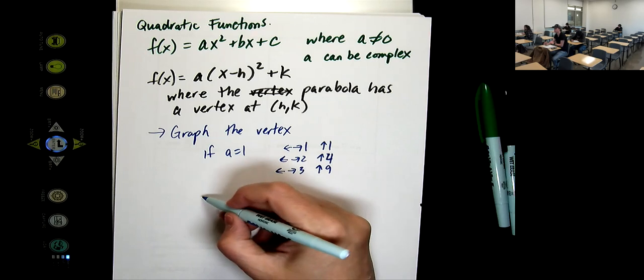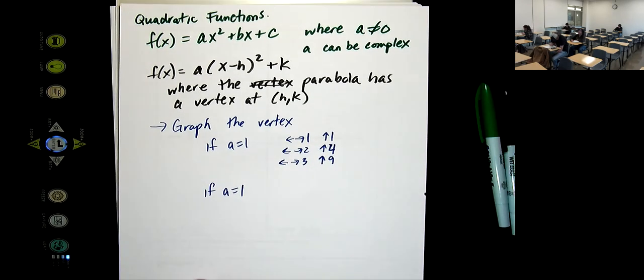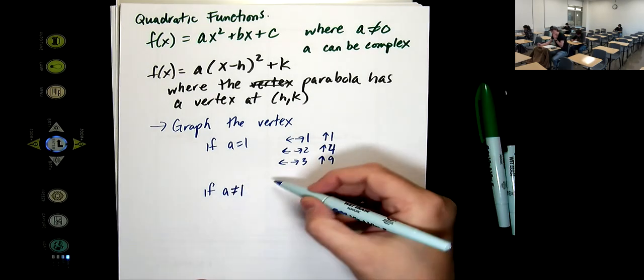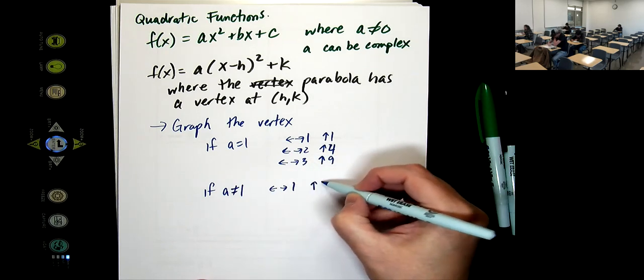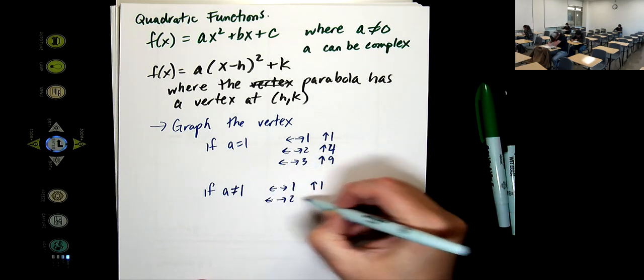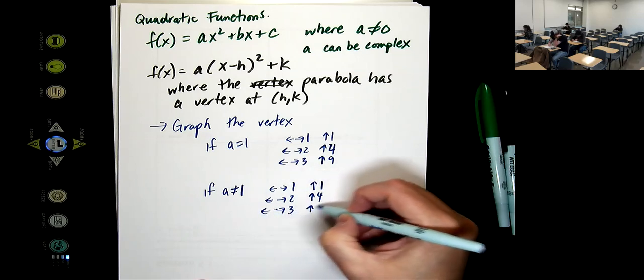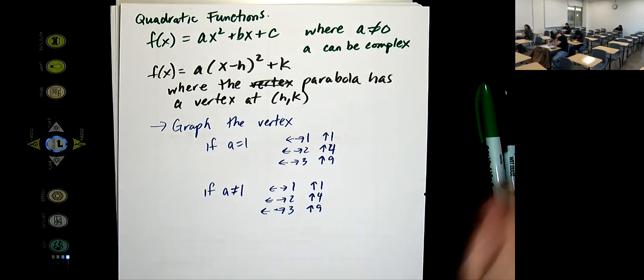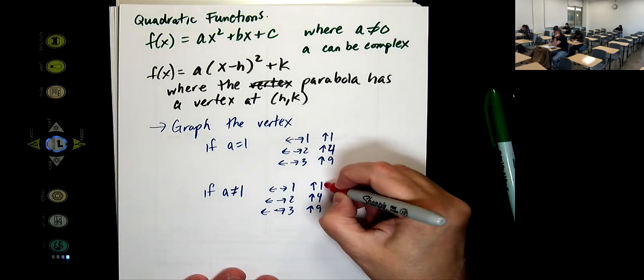If a does not equal 1, well, it really actually holds true all the time, but if a does not equal 1, it's easier to remember doing it here. We have the same setup, but now, rather than going up 1, 4, or 9, we've got to multiply it by a.